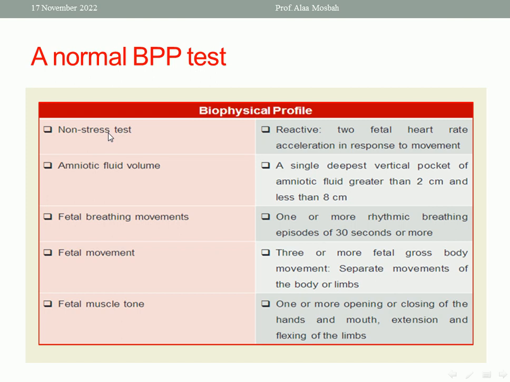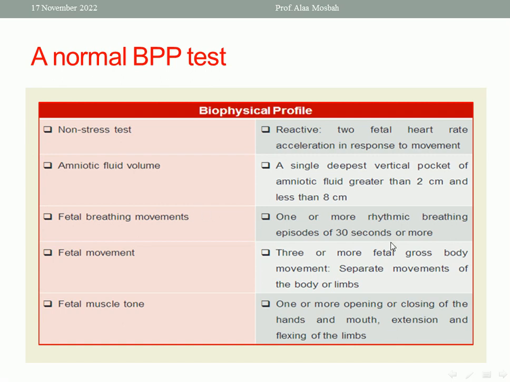Each one has 2 in score if it is positive or reactive. The non-stress test is reactive if there are 2 fetal heart rate accelerations in response to movement.